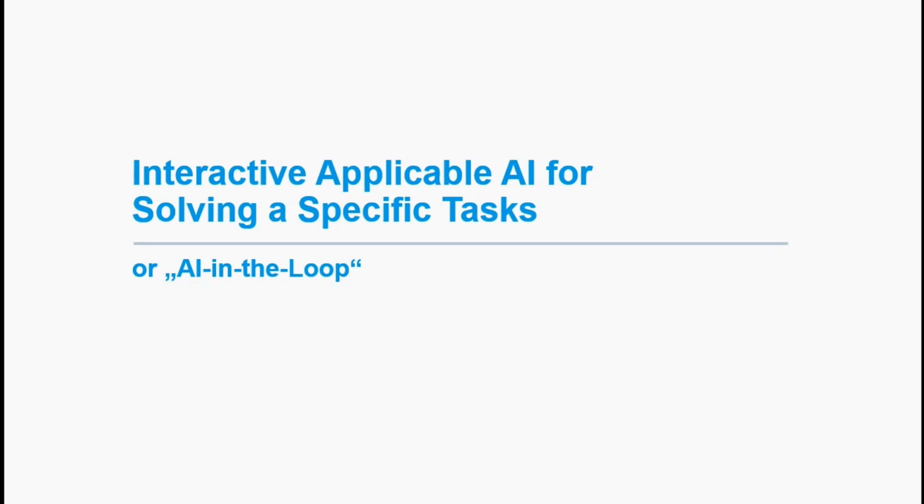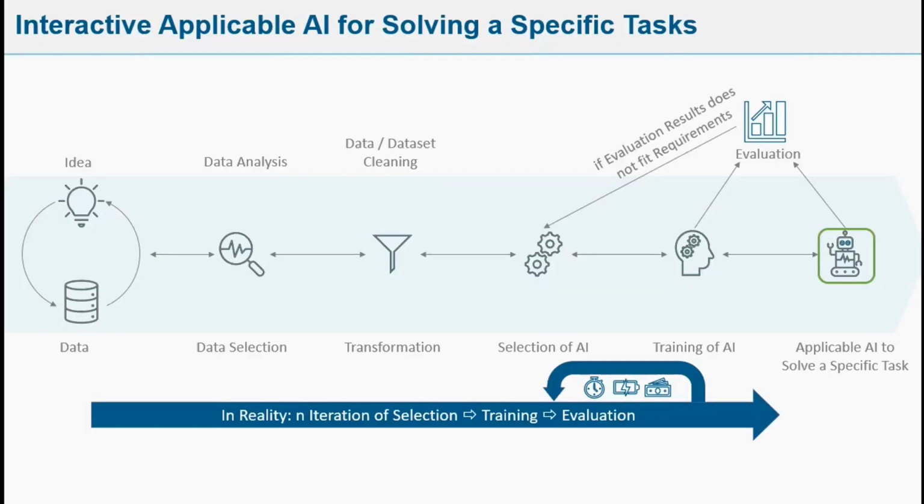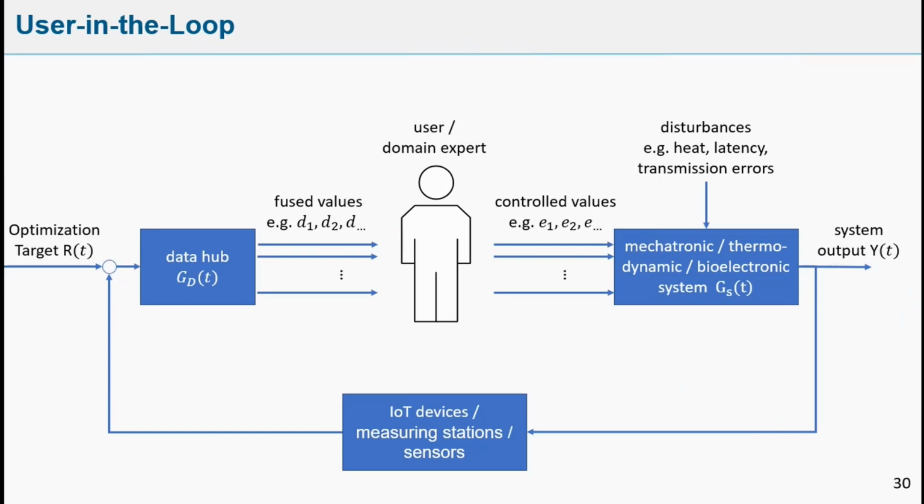And the other thing is AI in the loop. This is the part in the application where we have already trained AI in a certain application. The old-fashioned user-in-the-loop paradigm is: we have a target value, we have data, we have a human or an expert, and this human expert fuses all the values and then controls the system, and then we go in this control loop.